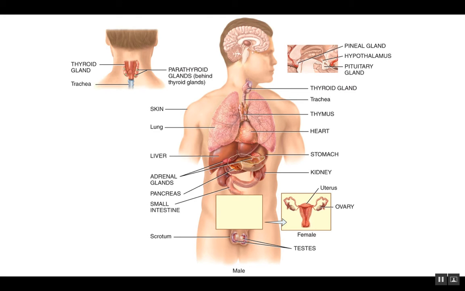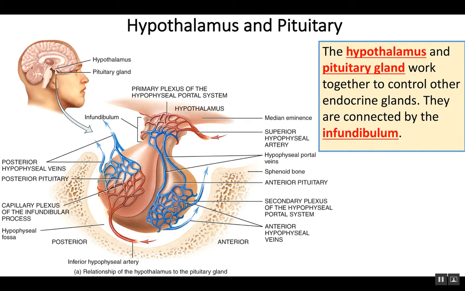The endocrine system always begins with the hypothalamus and pituitary gland. What we have here is now a more detailed view of these two organs. So hypothalamus, projecting from the hypothalamus is the pituitary gland. The structure that attaches the pituitary to the hypothalamus is known as the infundibulum.